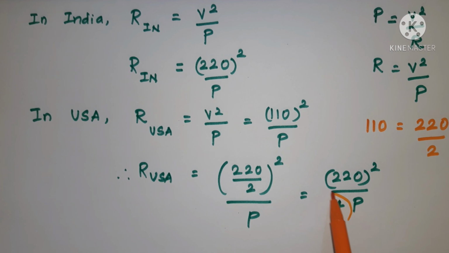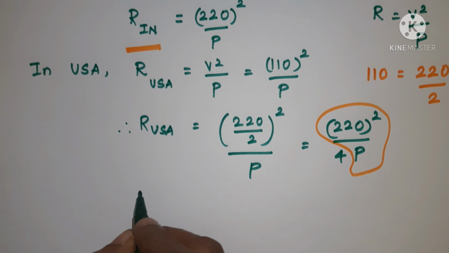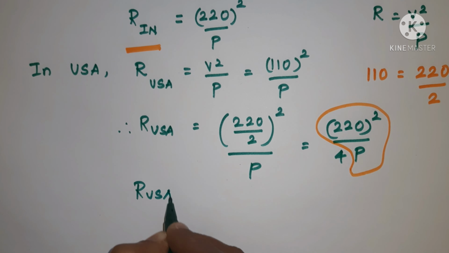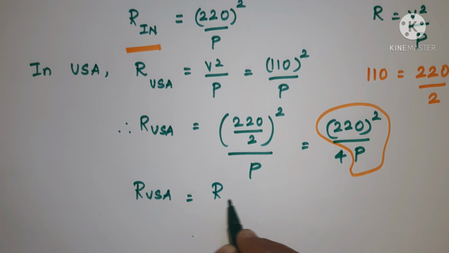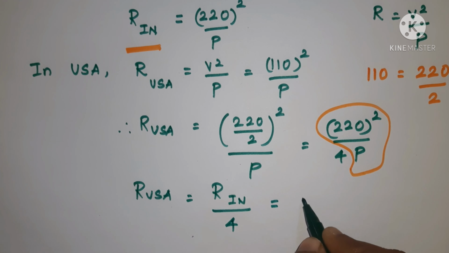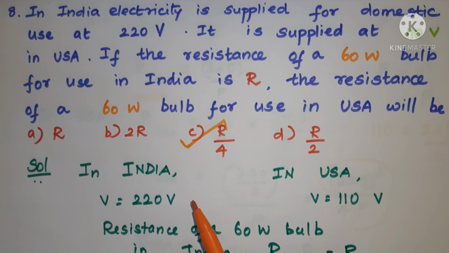So this 220 the whole square by P, we can write that to be R India. R USA is equal to R India divided by 4, which can be written to be R by 4. So option C is the correct one, R by 4.